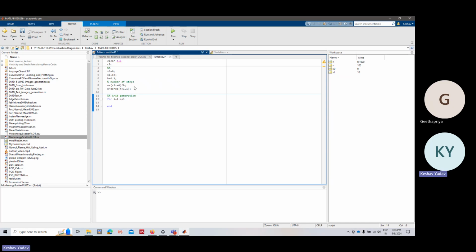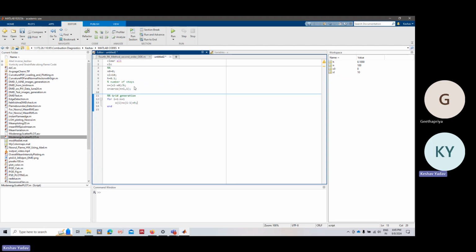So x of i will be equal to x of i minus 1 plus h.